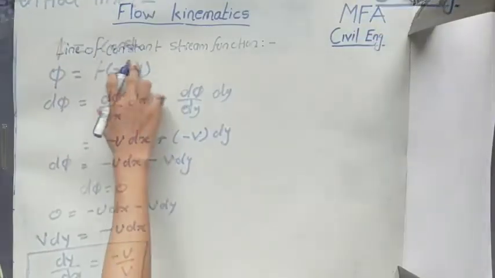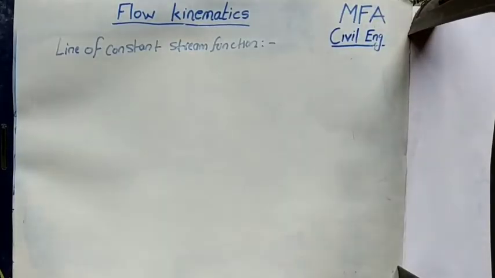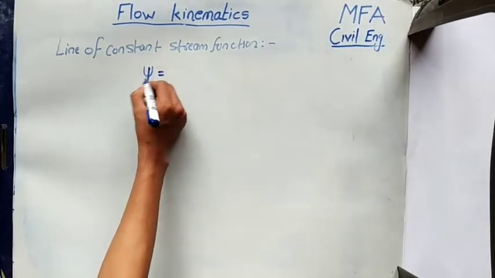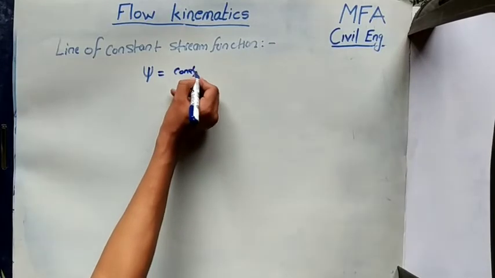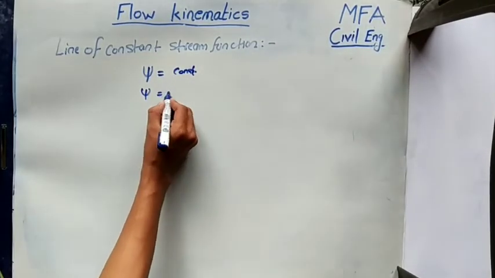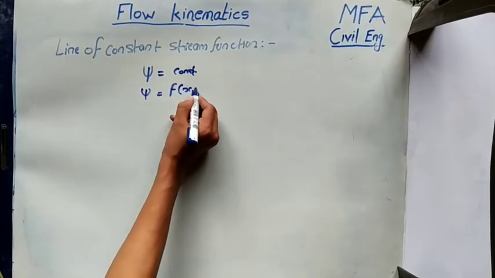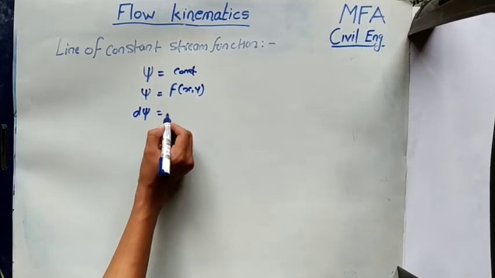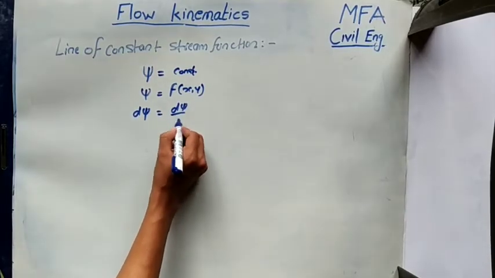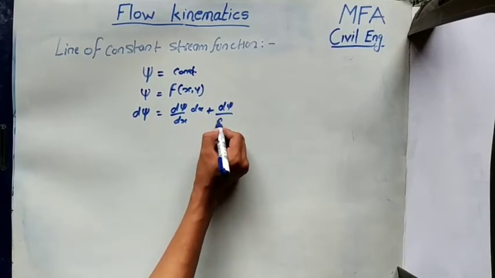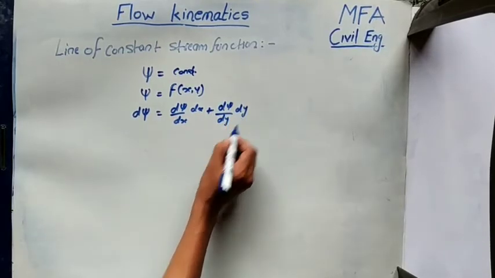Now the line of constant stream function: the line at which the stream function is constant. Mathematically it is written as psi is equal to a constant. Consider two-dimensional steady flow, then psi is a function of two space coordinates, that is x and y. Now the change in the stream function along the streamline can be written as d psi upon dx into dx plus d psi upon dy into dy.